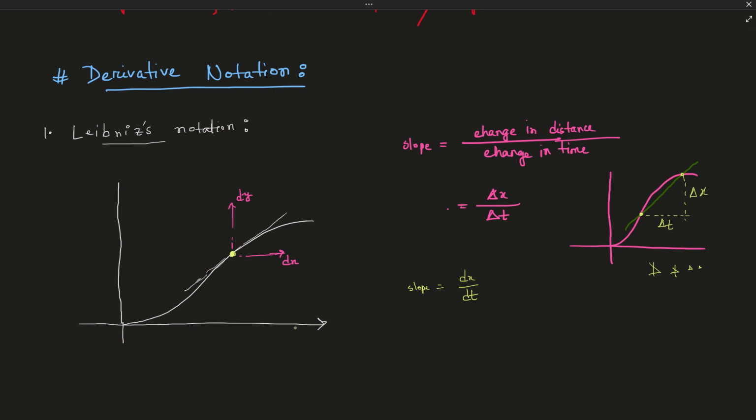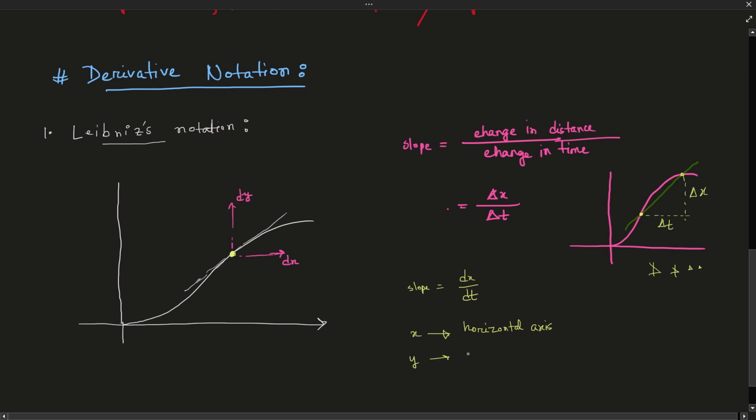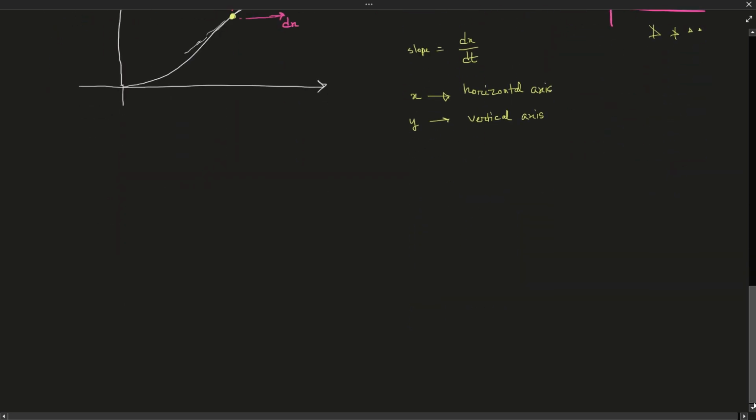So in general, x is our horizontal axis, and y is the vertical axis. So now we can write dx by dy.